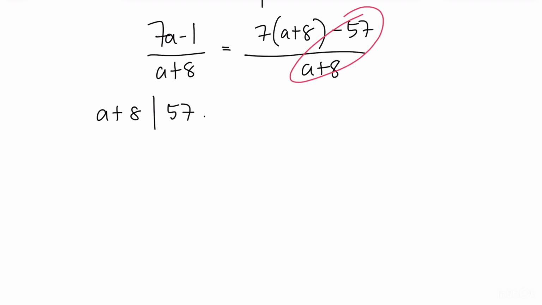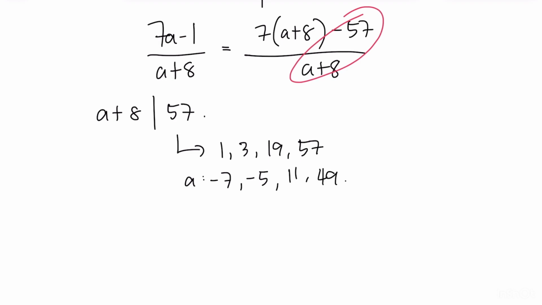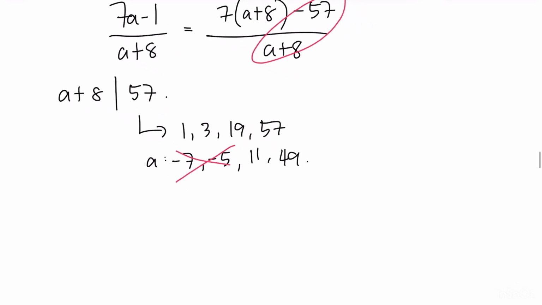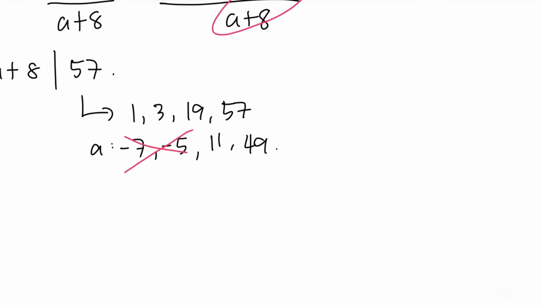Now 57, we can just do some factorization here. So its factors are 1, 3, 19, and 57, and a can only be -7, -5, 11, and 49. But a is positive, so we don't count -7 and -5.